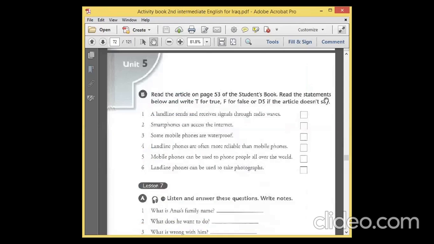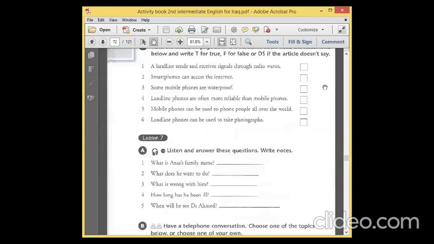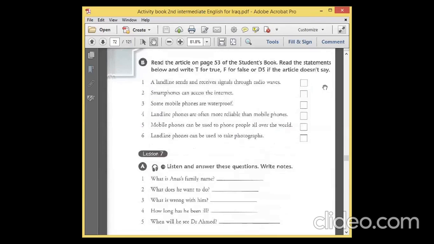Page 72. Let's do this exercise. Number 1. A landline sends and receives signals through radio waves. True or false? False. Why? Because we already know that a landline sends and receives signals through a wire, right?